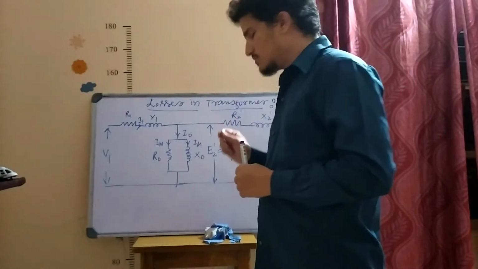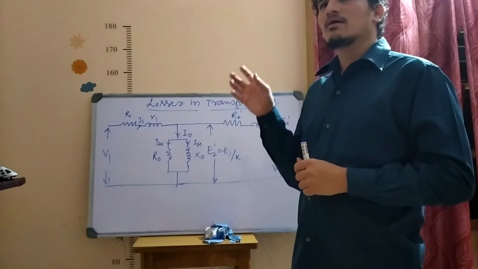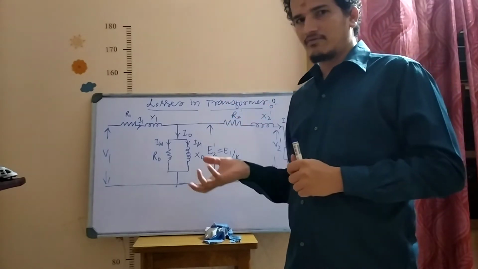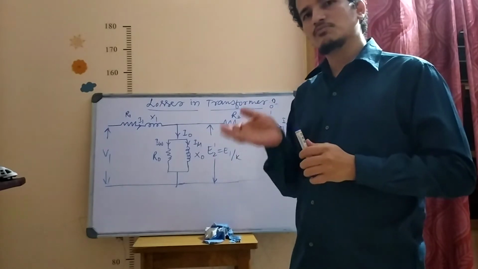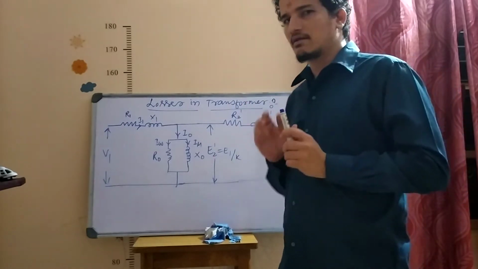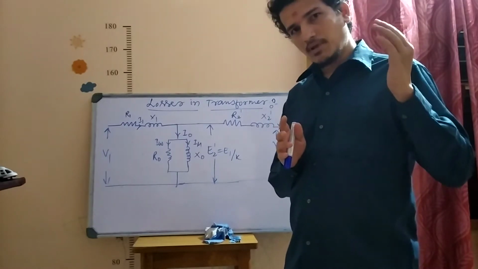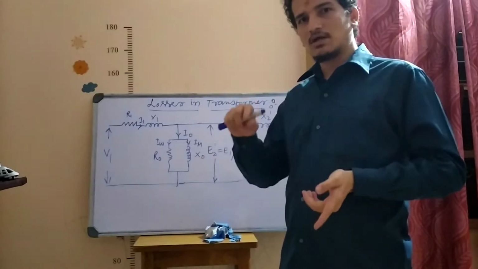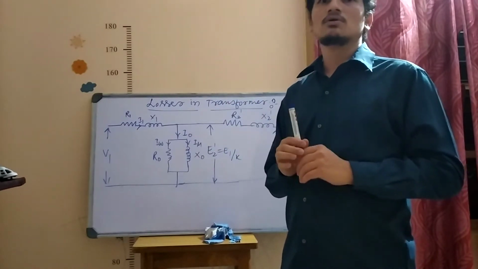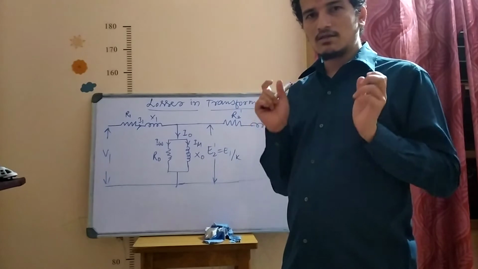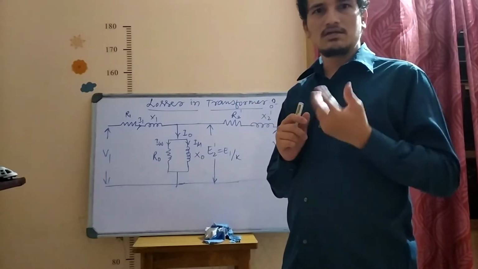I have told you what copper loss is: it is due to the presence of resistance in the primary and the secondary windings. If I consider a practical transformer, it has both primary resistance and secondary resistance, right? Due to the primary current flowing in the primary circuit and the secondary current, or the load current, flowing in the secondary circuit, the I square R loss that takes place due to the presence of the resistance dissipates heat.